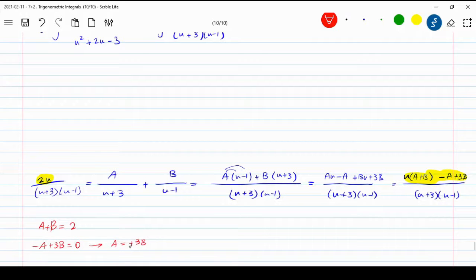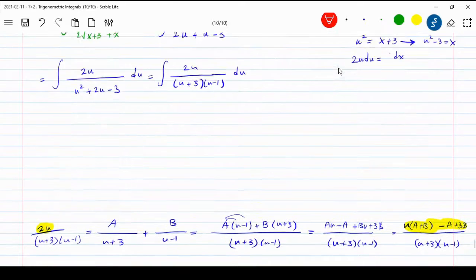You can solve for a and then replace it into this equation. You say 3b plus another b must equal 2. So b would be 1/2, and a would be 3/2. You can check to see if it satisfies the equation, and it does.